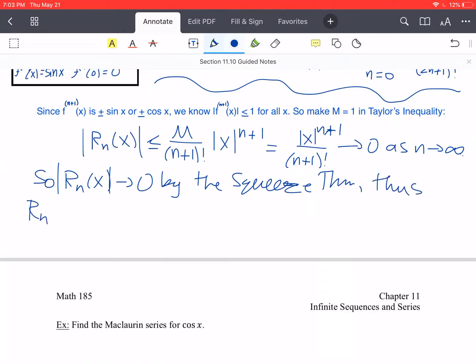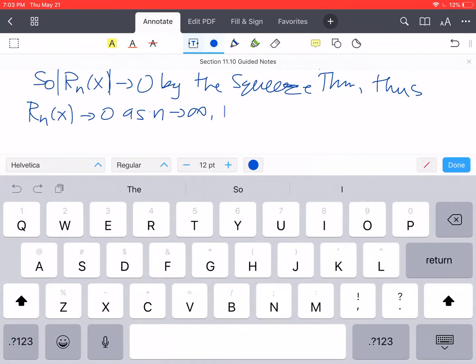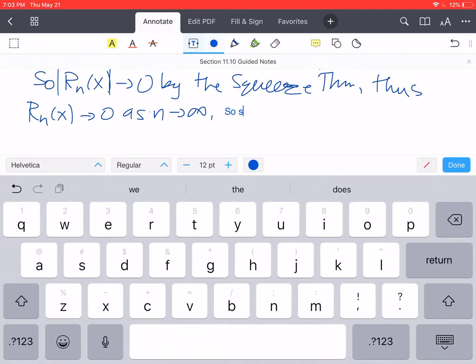Thus, the remainder itself goes to 0. And if the remainder goes to 0 as n goes to infinity, then that means that the Maclaurin series must be equal to the value of sine. So sine of x is equal to the sum of its Maclaurin series.